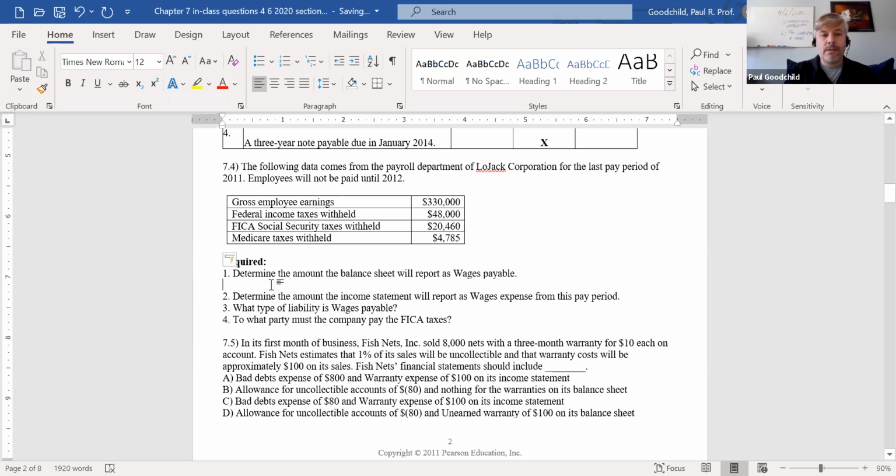For wages payable, the liability is going to be the net amount, so we need to calculate the net amount.